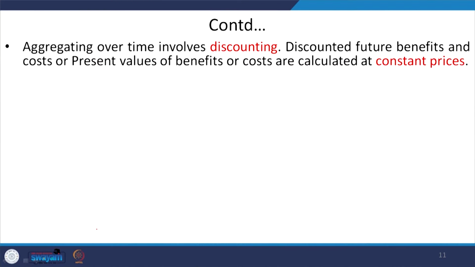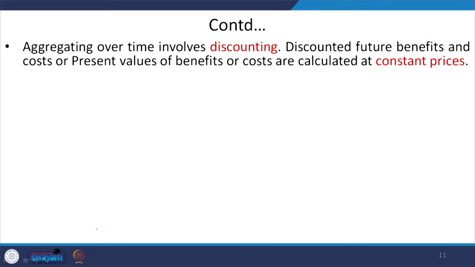So, another thing that is also taken into account, as we briefed in the introductory session, is that we need to aggregate all the values, all the costs and all the benefits.